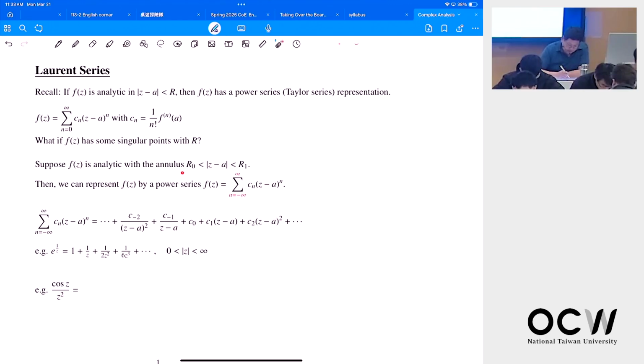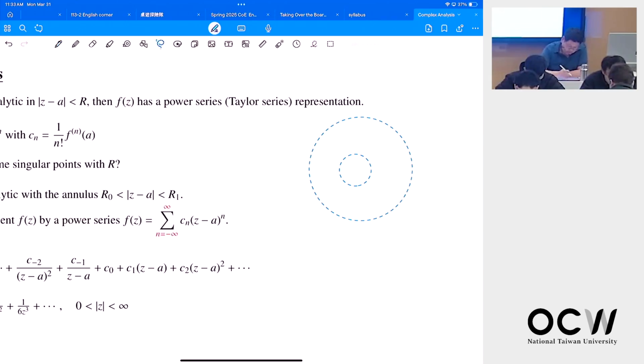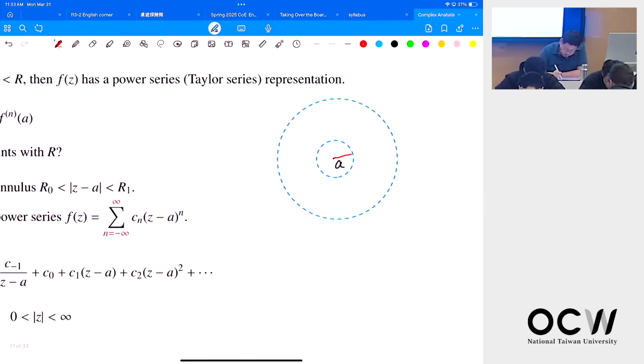If we plot this annulus, here's a, and then this is R naught, and here's R1. And we can only consider this ring.